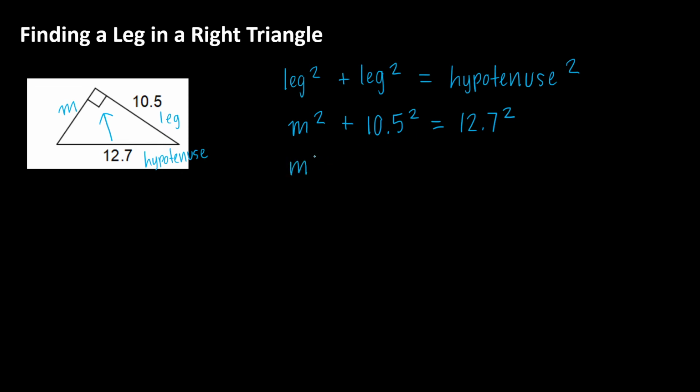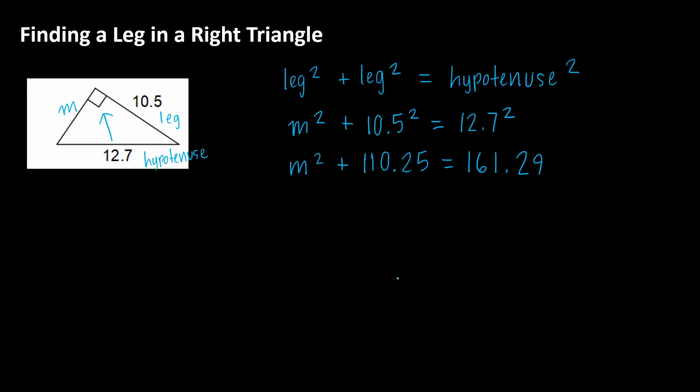So m squared plus, and then we're going to multiply 10.5 by itself. 10.5 times 10.5 equals 110, not 100, 110.25, and that's equal to 12.7 squared, or 12.7 times 12.7. And so that equals 161.29.